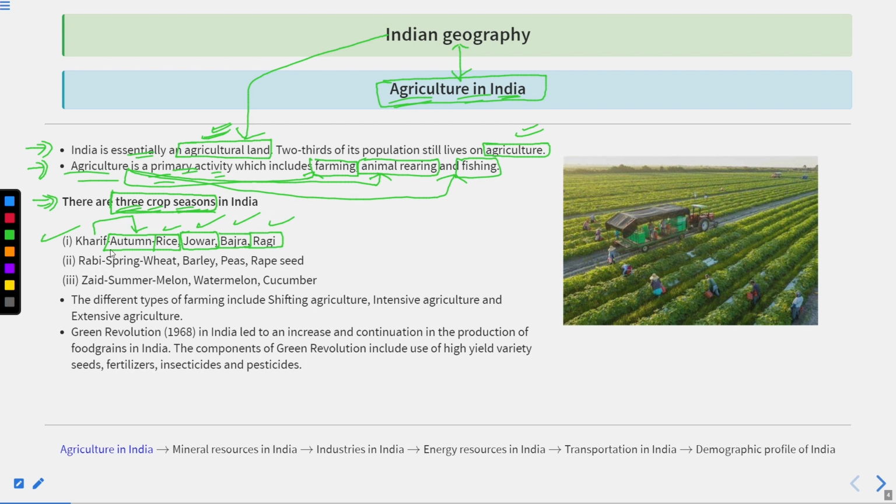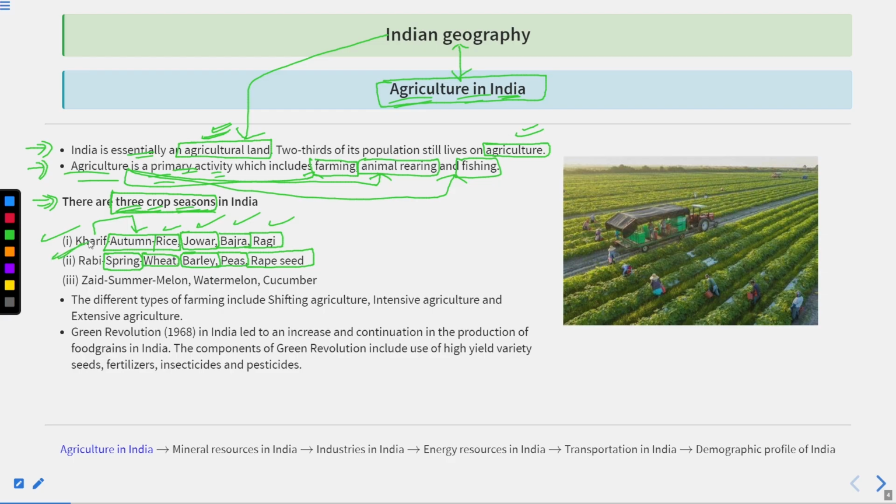The second season is Rabi. Rabi we perform in the spring season. Crops we grow are wheat, barley, pears, and rapeseeds.